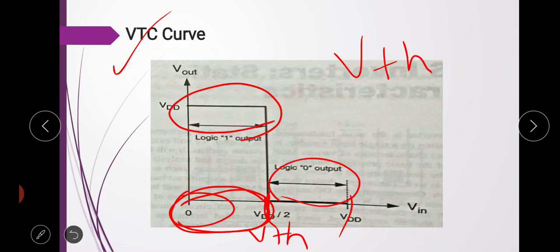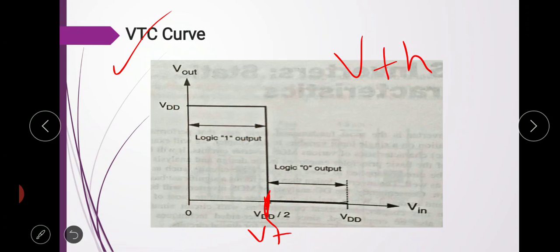But when in this region we give a logic 1 value, at the output we get a logic 0. So it satisfies the function of an inverter. So this is all about the ideal inverter.